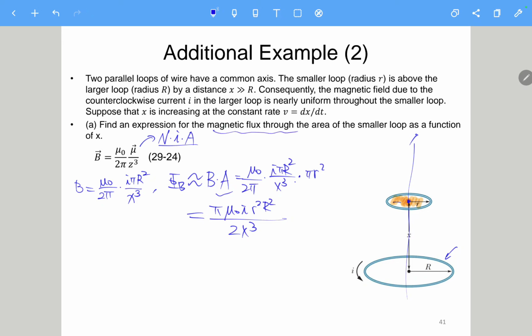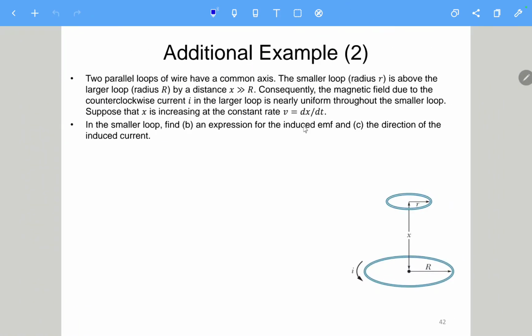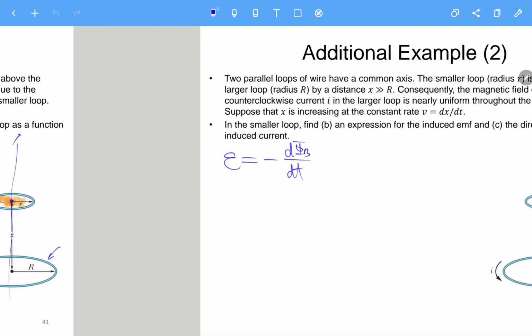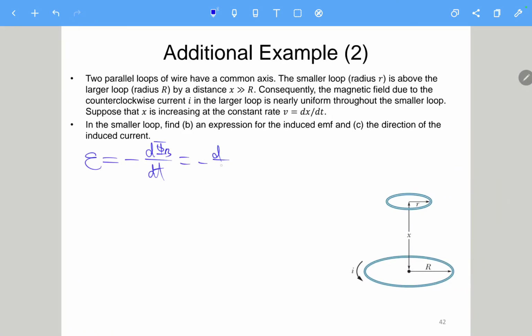That was part A. For part B, it asks for the expression of the induced EMF. According to Faraday's law, the induced EMF is negative d phi B dt. So we put this expression here: negative d dt of pi mu 0 I small r squared capital R squared over 2x cubed. All of these terms are independent of t; they don't change with time.